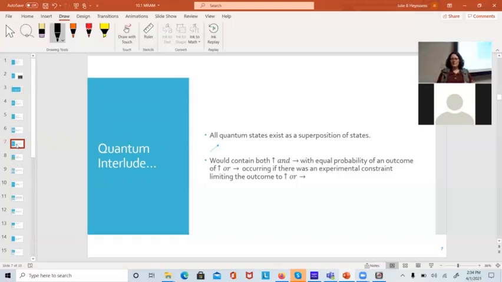Once you make a measurement, the spin has shifted. The magnetization direction has shifted. It is now at 0 degrees or 90 degrees. You forced it into that state to make the measurement.